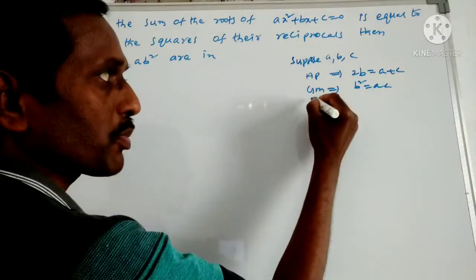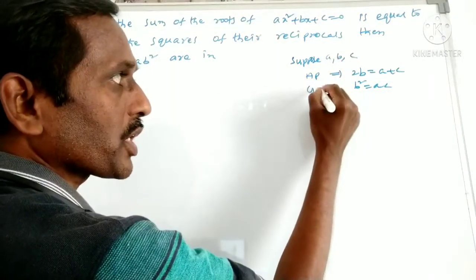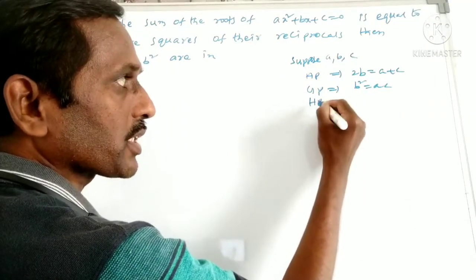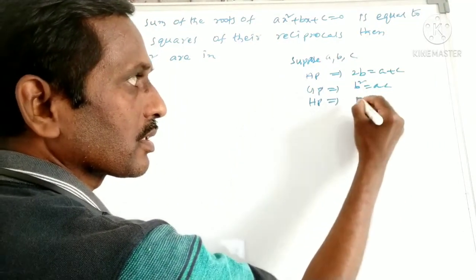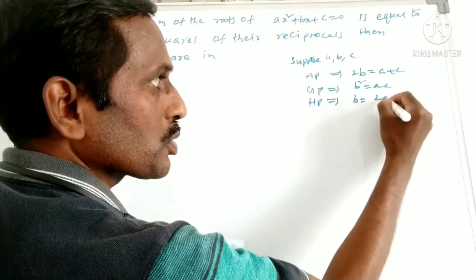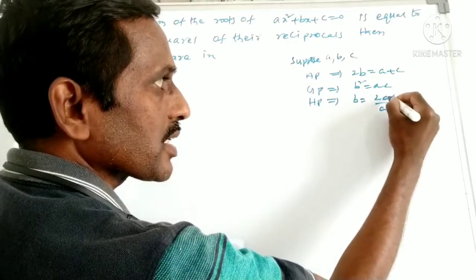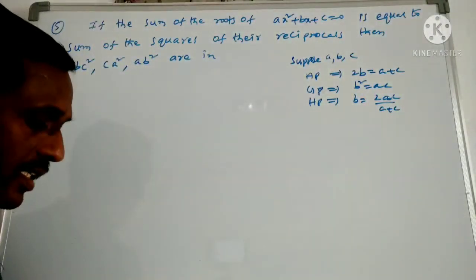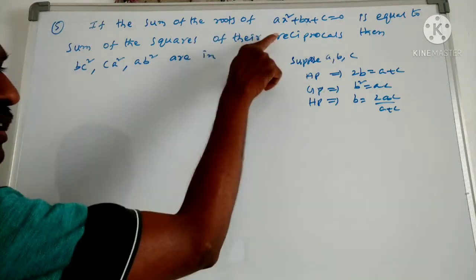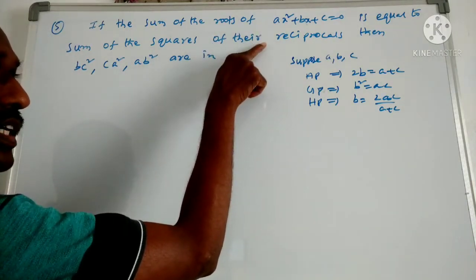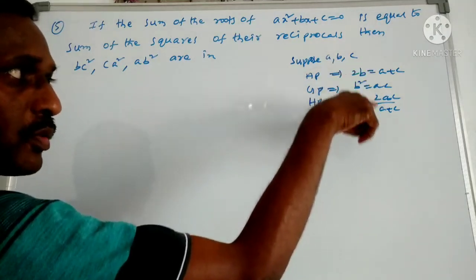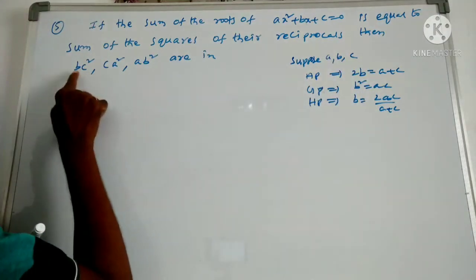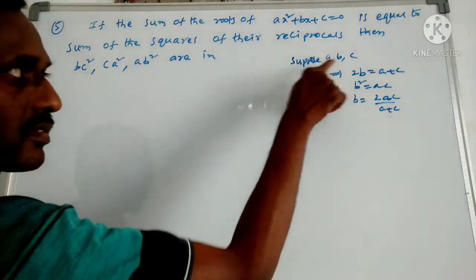Suppose these are in harmonic progression, then we can write b equals 2ac by a plus c. These are the relations we can write. After simplifying according to the condition, we have to check these options.